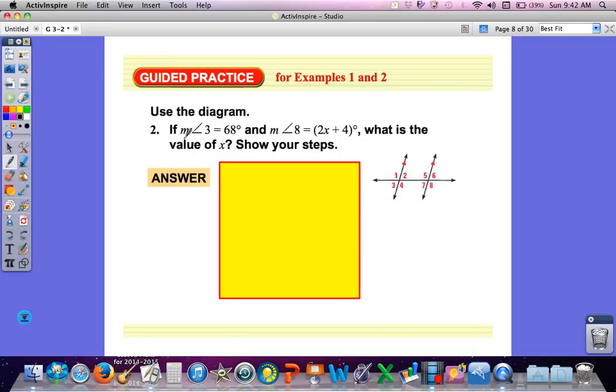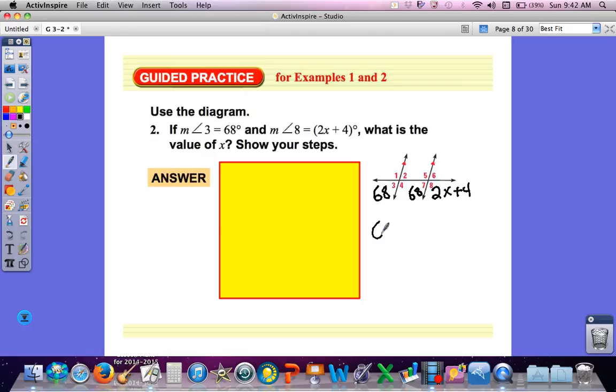Number 2, guided practice. The measure of angle 3 is 68. And the measure of angle 8 is 2x plus 4. What is the value of x? Show your steps. Well, I like to start filling these in. If 3 is 68, 3 and 7 must be 68 because they're corresponding angles.